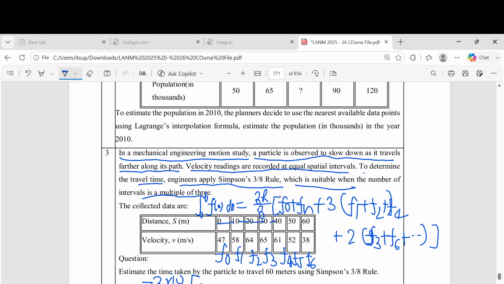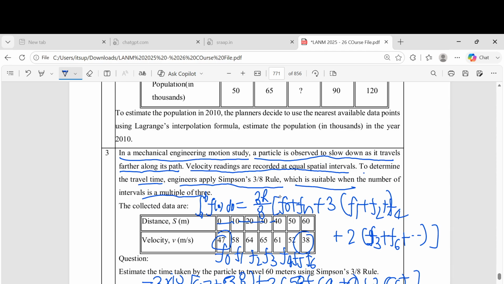F0 is 47, plus 58, 47 first and last 38, plus 3, plus 2, f3 is 65. Now 3 times f1 is 58 plus f2 is 64 plus f4 is 61.